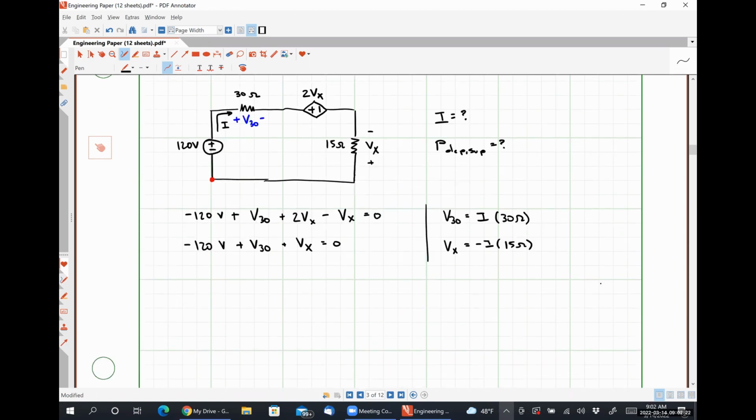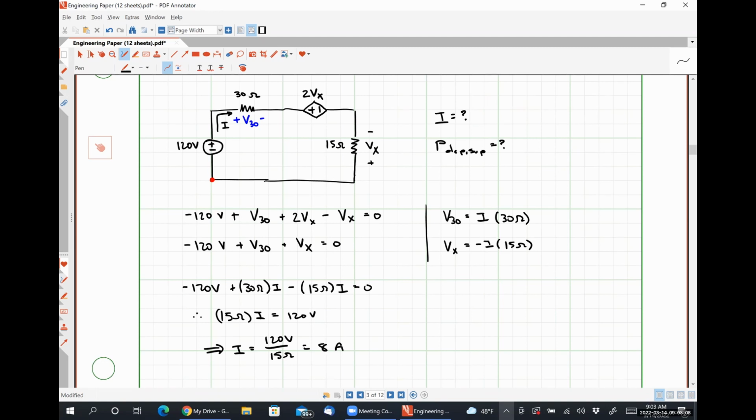So if we substitute that in, we're going to have negative 120 volts plus 30 ohms times I minus 15 ohms times I is equal to 0, which means that we have 15 ohms times I is equal to 120 volts, and therefore I is 120 volts over 15 ohms, which is 8 amps.